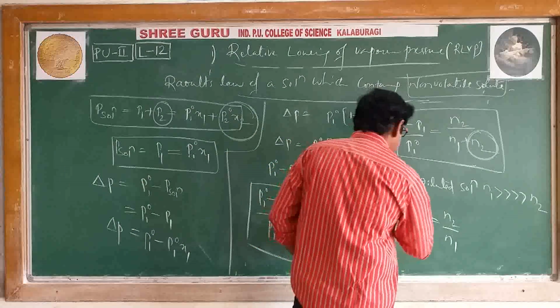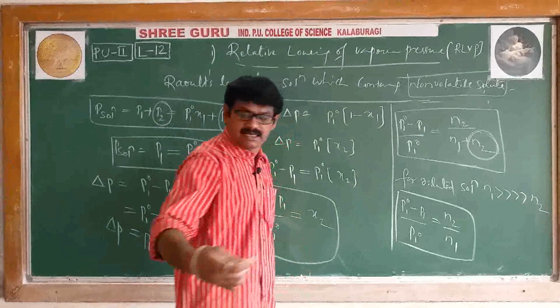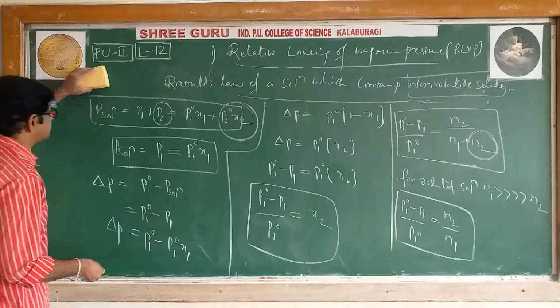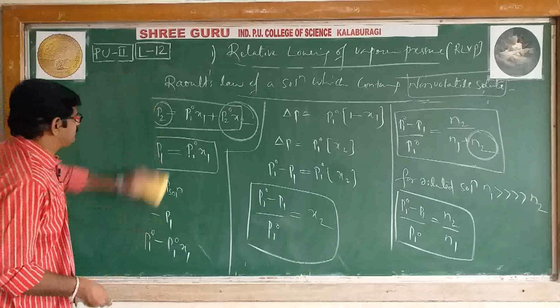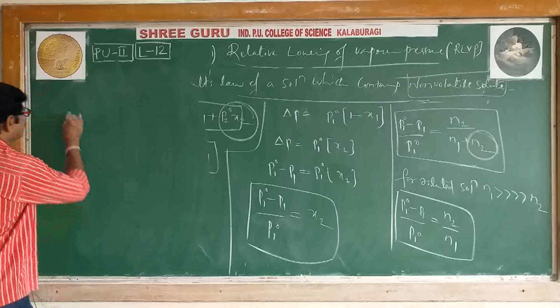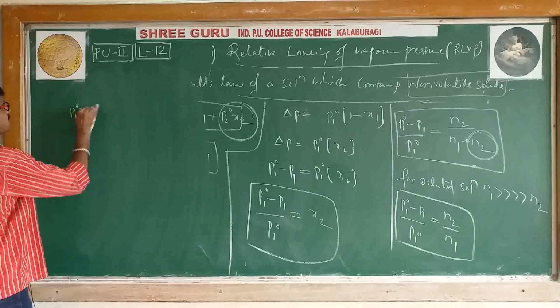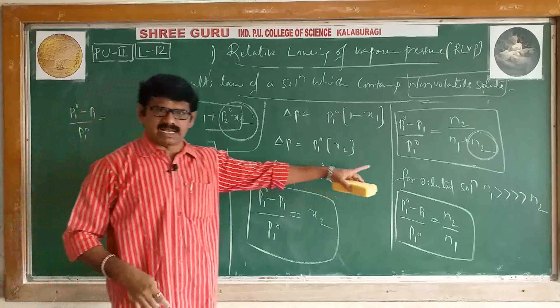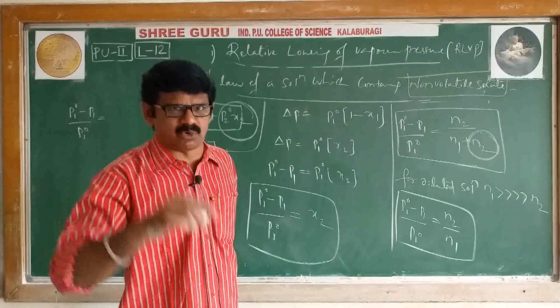This formula we can again extend. See here, I'll write the remaining things. The last final formula: (P1 naught minus P1) by P1 naught is equal to N2, the number of moles of solute, which is mass by molar mass.